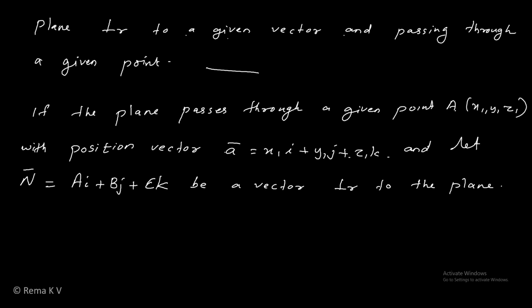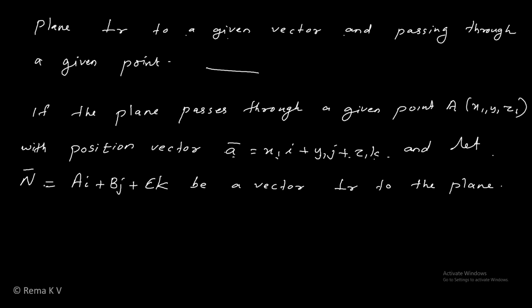See, this is what is given to us. A point A, x1, y1, z1 is given. You know that if the coordinates of a point are given to us, then we know how to write the position vector. It is x1i plus y1j plus z1k, and let a vector n. In the first type we are using small letter n, and it is the unit normal n cap we are using there.